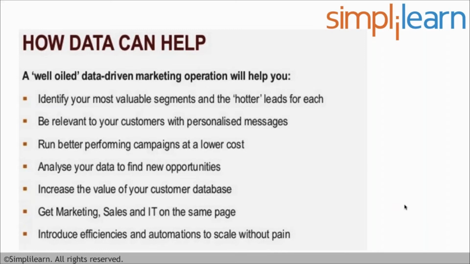Another thing which data really helps marketers with is to get marketing, sales, and the entire IT department of a single organization on the same page. That's what data really helps with. Now, this is the biggest challenge which many agencies have been facing: there's always a miscommunication or some sort of gap in understanding between these different departments, marketing, sales, and IT.